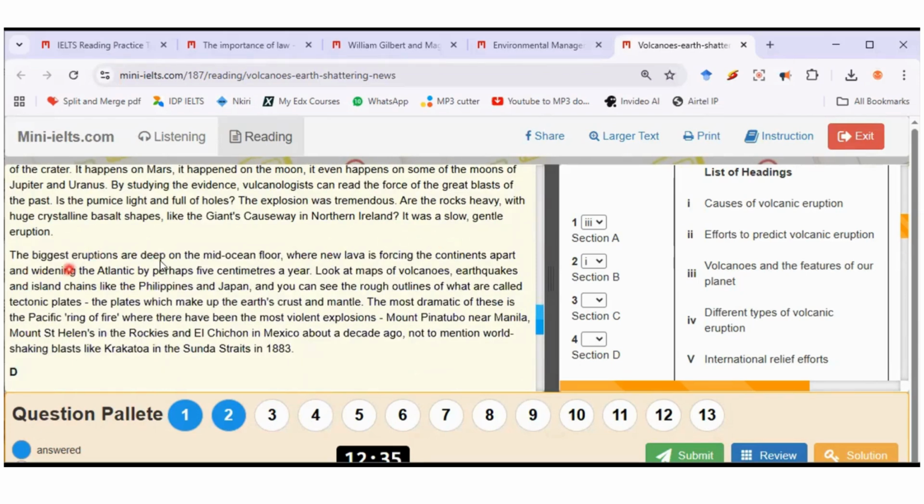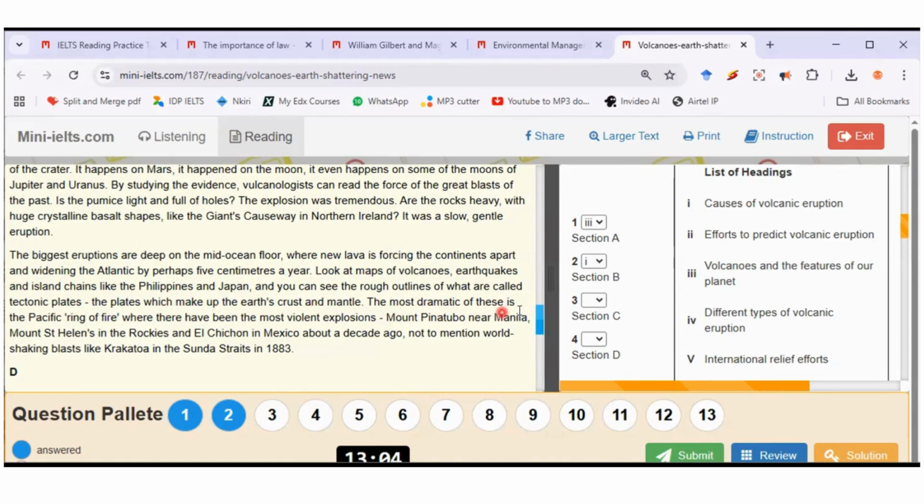The biggest eruptions are deep on the mid-ocean floor, where new lava is forcing the continents apart and widening the Atlantic by perhaps 5 centimeters a year. Look at the maps of volcanoes, earthquakes, and island chains like the Philippines and Japan, and you can see the rough outlines of what are called tectonic plates, the plates which make up the Earth's crust and mantle.